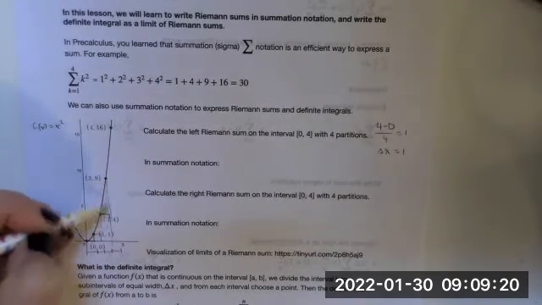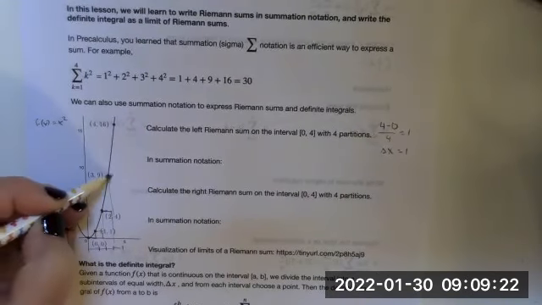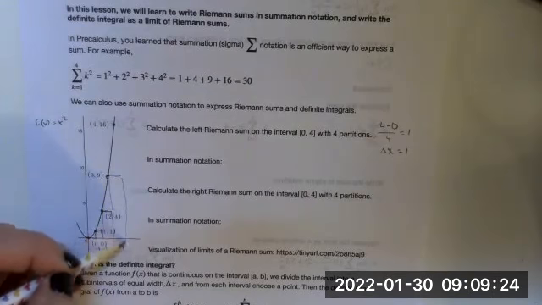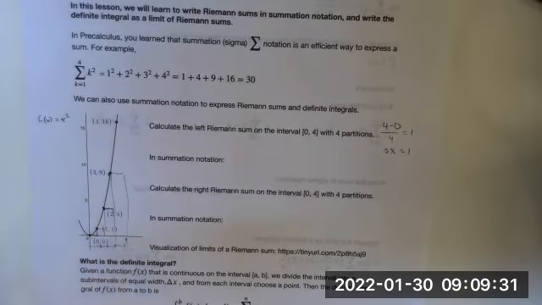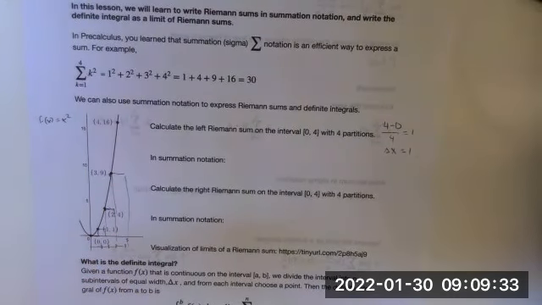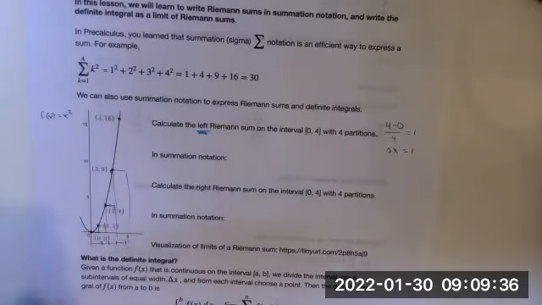And then at (3, 9), I'm taking the height of 9. This isn't a great drawing, but that's going to be my left Riemann sum. I'm going to color code this in blue.